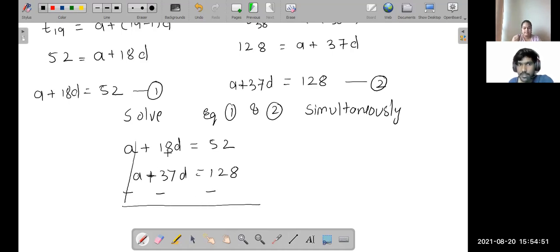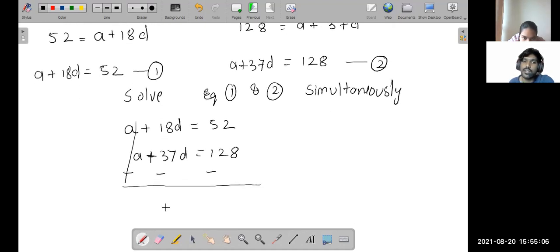Plus A minus A cancel. 18D minus 37D, how much is this? 18 minus 37 is minus 19. And 52 minus 128 is minus 76.